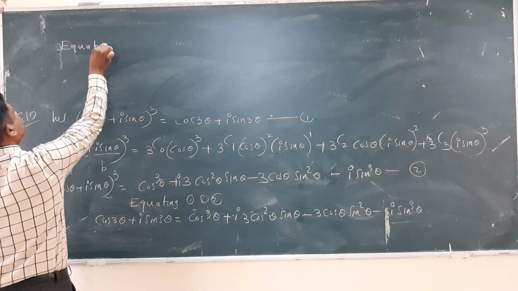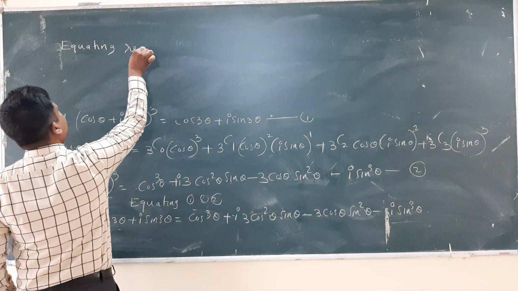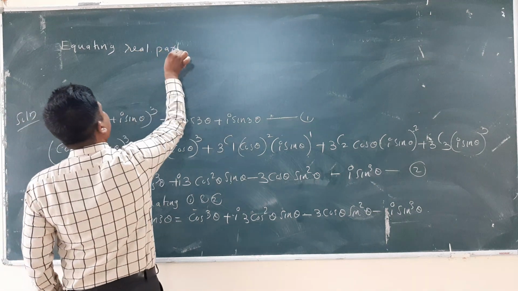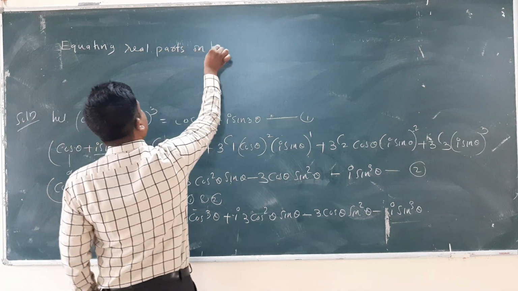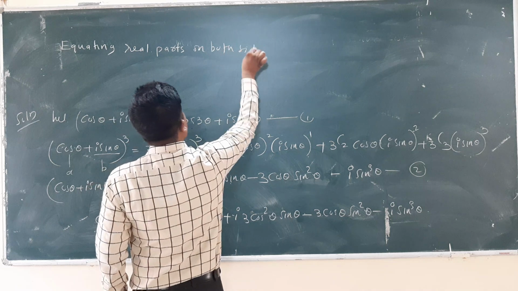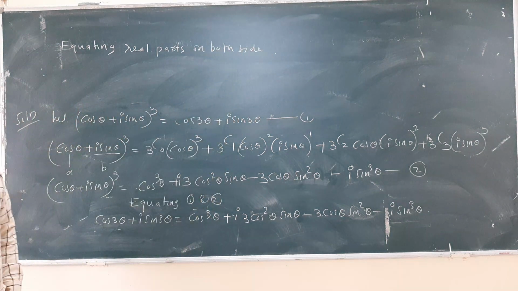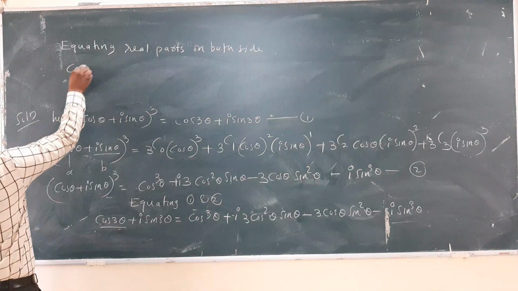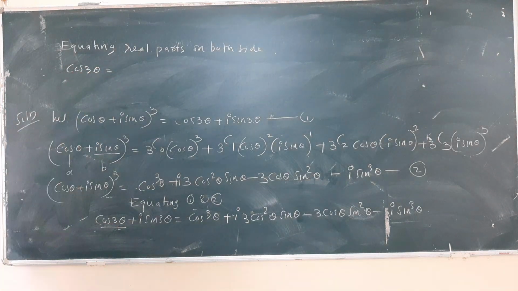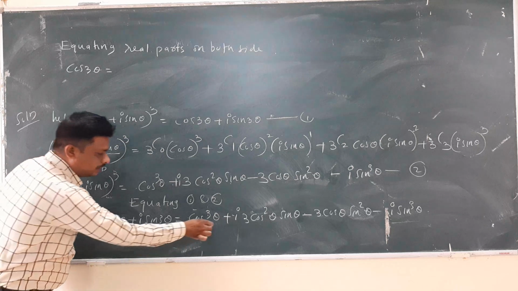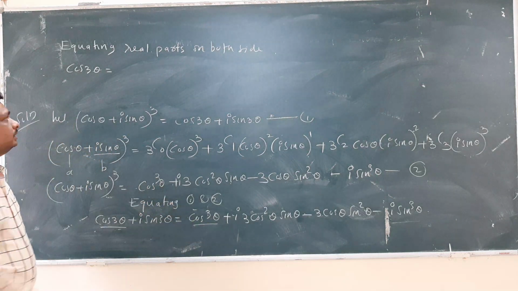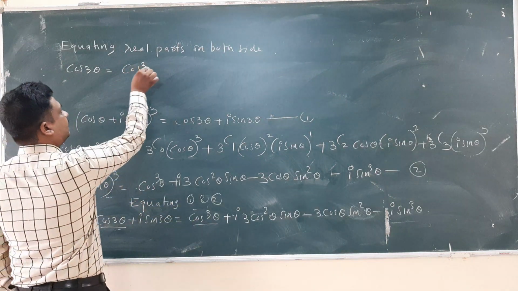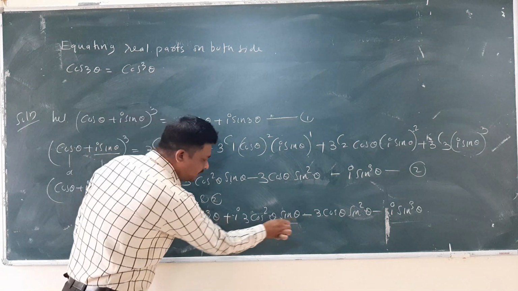Equating real parts on both sides. Here the real part is cos 3 theta, and here cos cube theta is real, and the second term is imaginary.